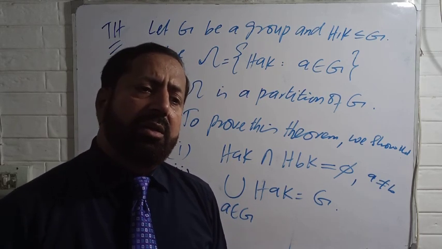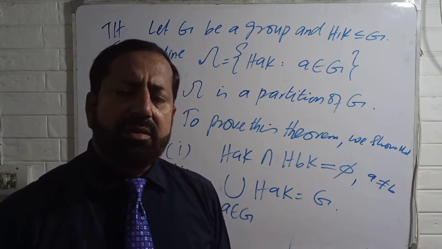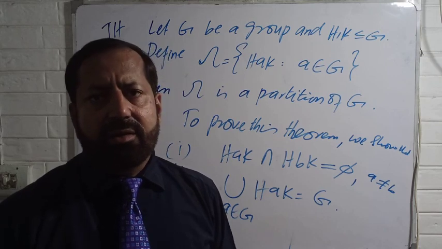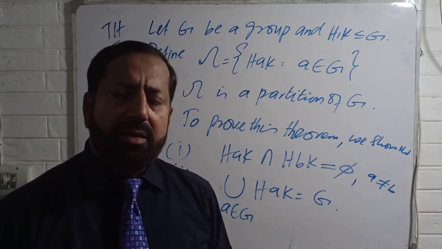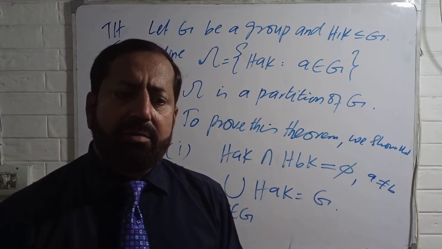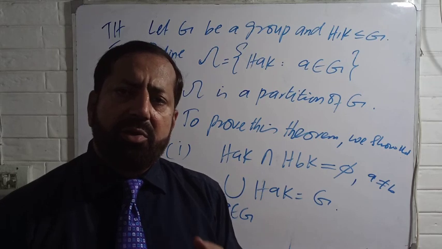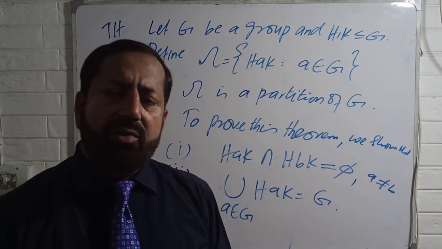So I will take two distinct double cosets with the supposition that they have some intersection, and this will contradict your previous supposition that you are taking distinct. That means that you need to show that both are identical. So that's why you would have a contradiction.